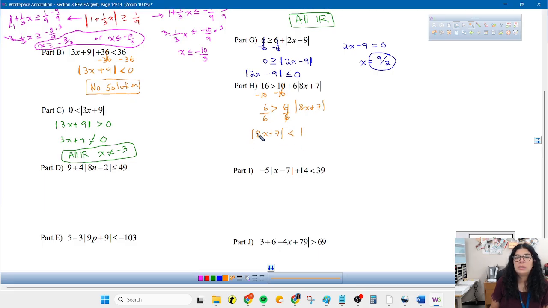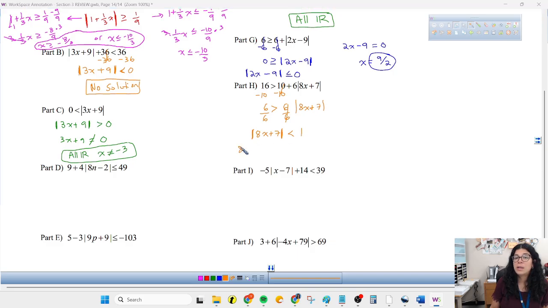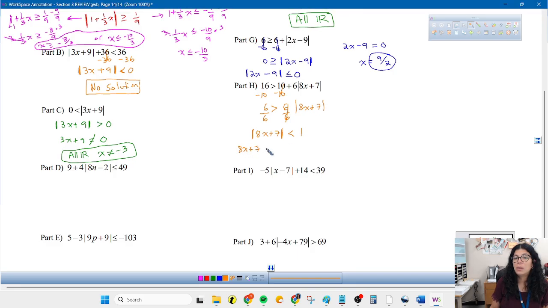So the distance is smaller than 1, well, as long as whatever's inside of this absolute value is less than 1 and it's bigger than negative 1. Because all of those numbers in between negative 1 and 1 will have a distance of smaller than 1.